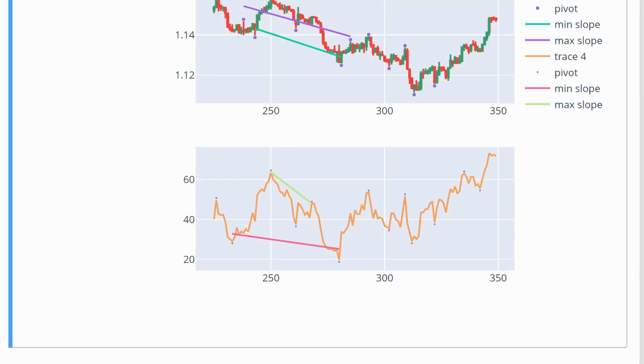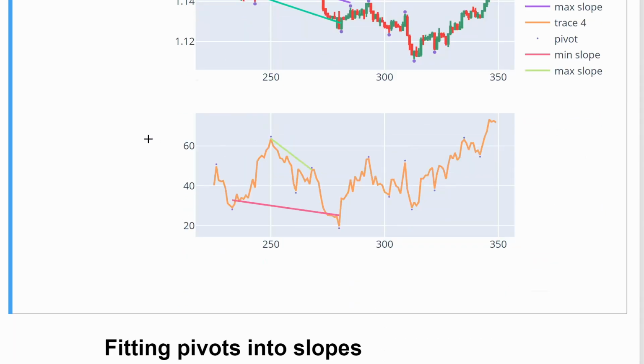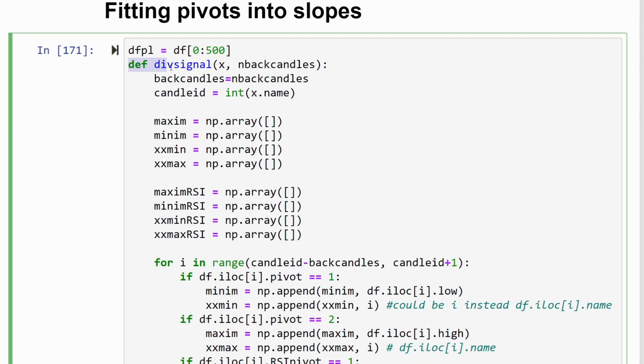If you are intending to use this for trading, you would want to generate a signal from the divergence. So I'm putting all what we have defined before in a function that is called divergence signal. It takes a row, like a candle of interest, and then it takes the number of back candles we have to look at just to detect if we have divergence of our RSI.